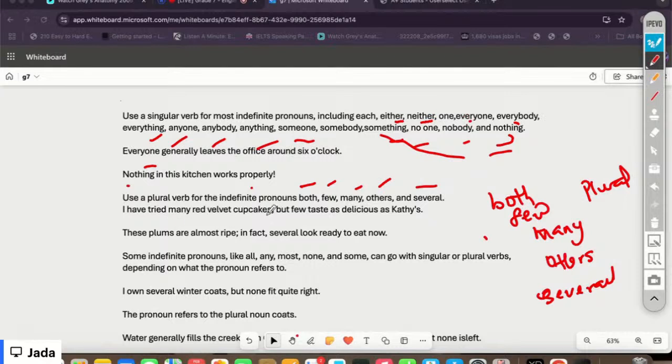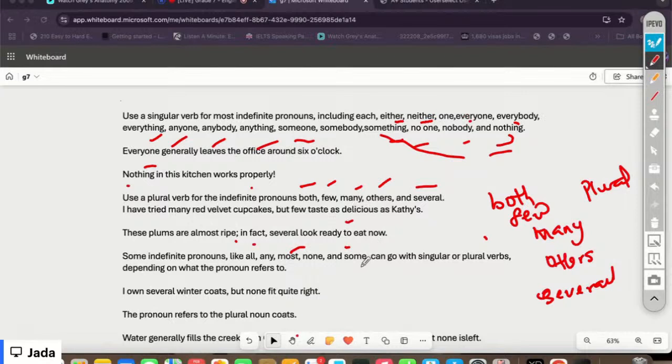So, I have tried many red velvet cupcakes, but few taste as delicious as Cathy's. We also have, these plums are almost ripe. In fact, several look ready to eat now. So this is the plural subject and the plural verb.